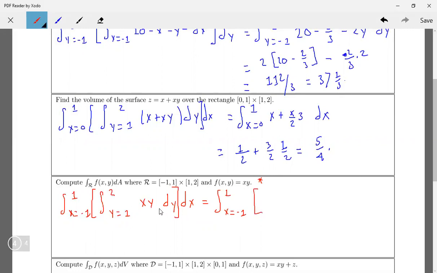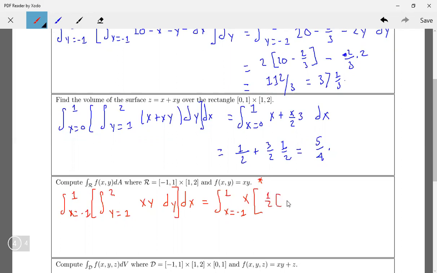Now, the antiderivative of xy with respect to y is just xy squared over 2. In fact, I could have pulled out the x. The antiderivative of y with respect to y is y squared over 2, and we're integrating from y equals 1 to y equals 2.